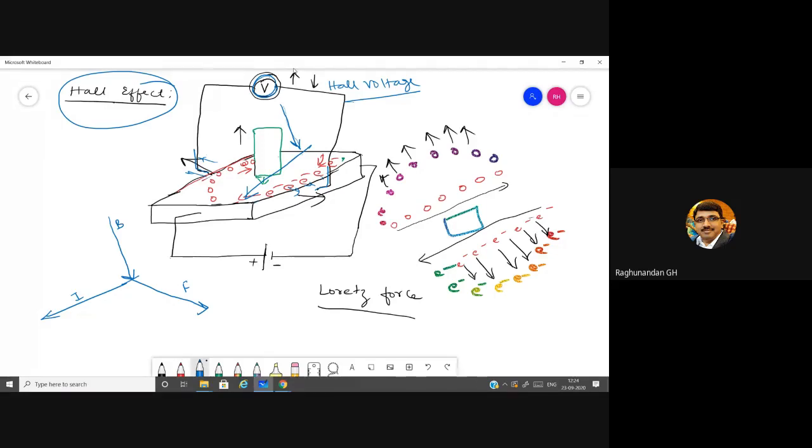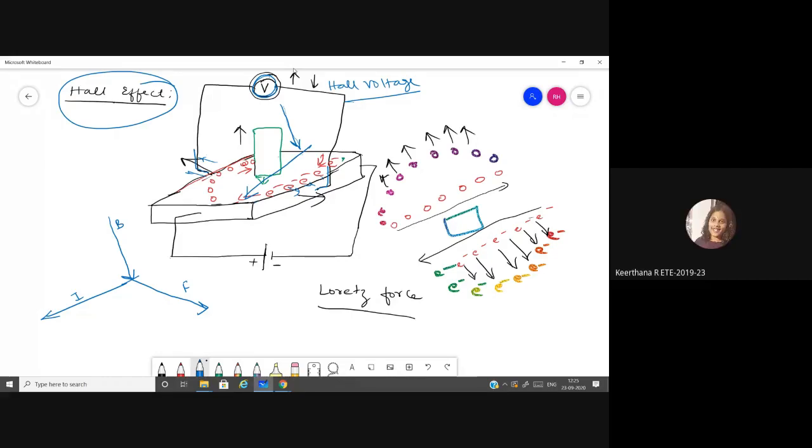Now someone can ask, you are telling about potential difference, how is this going to create a potential difference? How are these holes and electrons going to create a potential difference? Since there is a flow of current, there will be a potential difference.